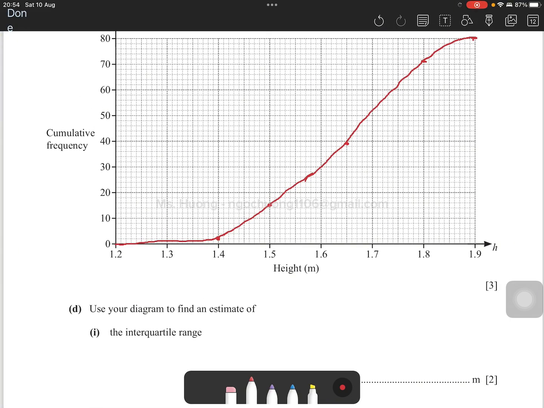D. Use your diagram to find an estimate of the interquartile range. You know the interquartile range is equal to the upper quartile subtract the lower quartile. To find the upper quartile, we'll find 75% of 80, which is 3/4 of 80 equals 60.